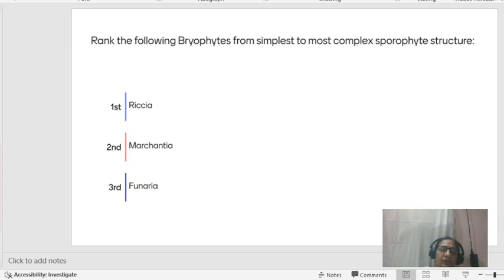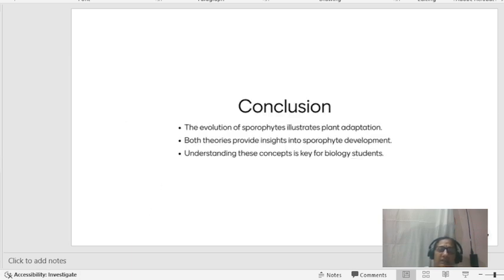So this is the bryophytes, from the simplest to the more complex form. First the simplest is Riccia, second is Marchantia, and the third is Funaria. In all, we can say that the evolution of sporophyte illustrates plant adaptation, and the theories provide insight into sporophyte development.